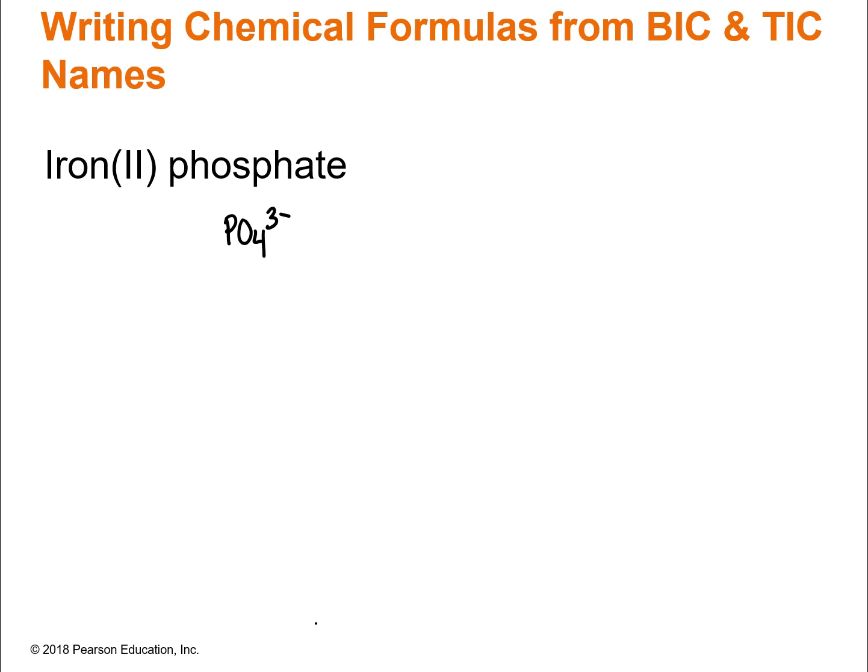Okay, I'll start writing this one out. You can keep working if you're still working, and then you can check your answer when I'm done. I already told you what the phosphate ion is. Iron 2 tells you in the name what the cation is, iron 2 plus. If I were to put one of each of these together, I wouldn't get 0.